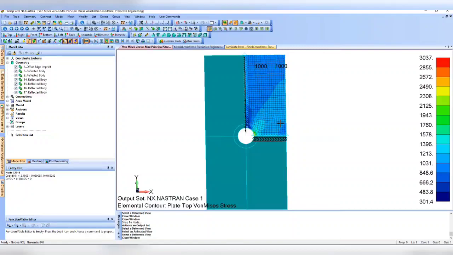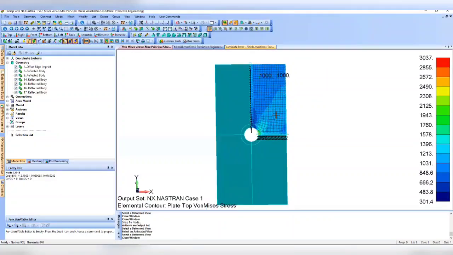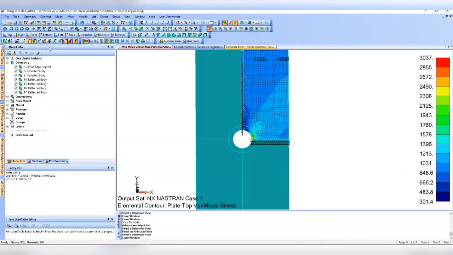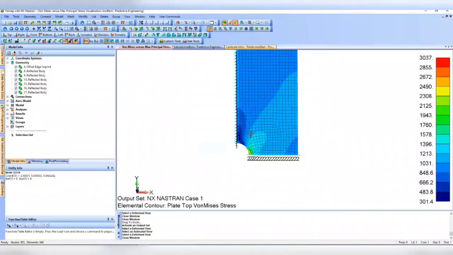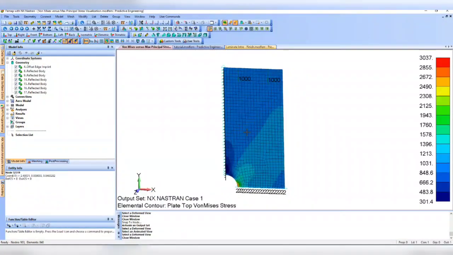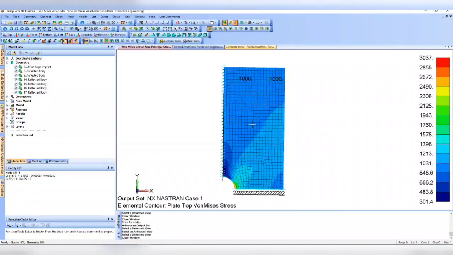Because recall, higher element counts, higher node counts will be higher processing time, so you gotta wait longer, and it's just gonna be more expensive to carry around. So just want to go over that. And then I'm gonna move on to stress concentrations. Does anyone have any questions on symmetry, the concept of symmetry?